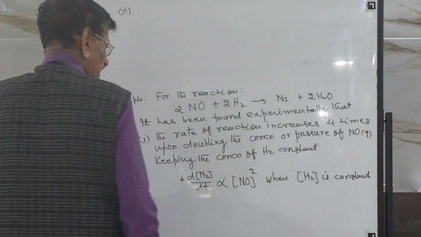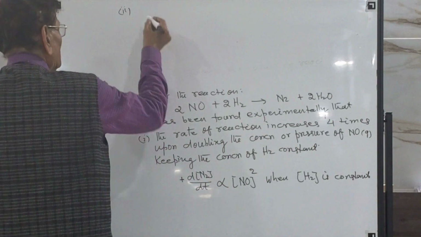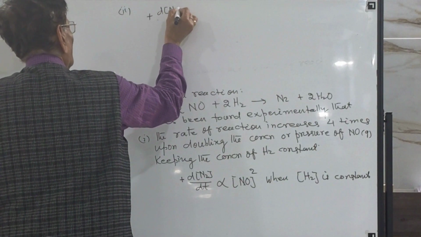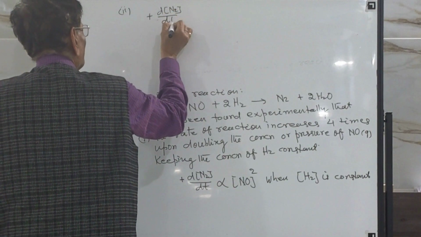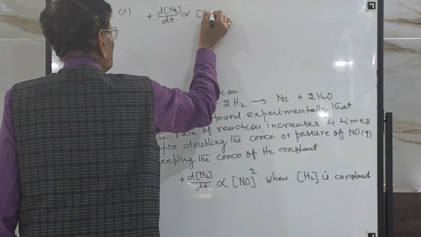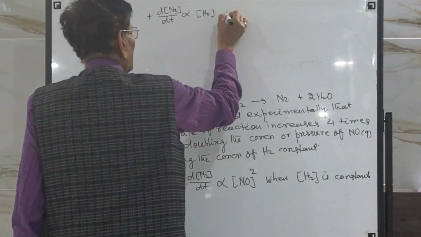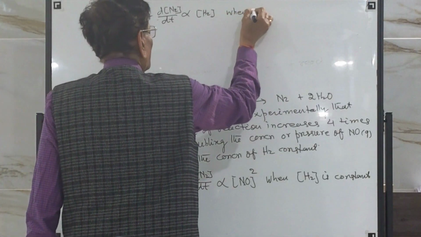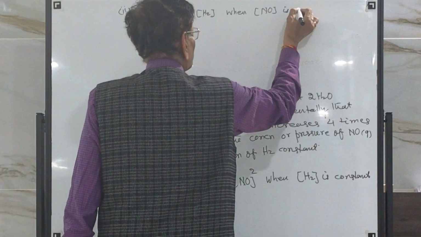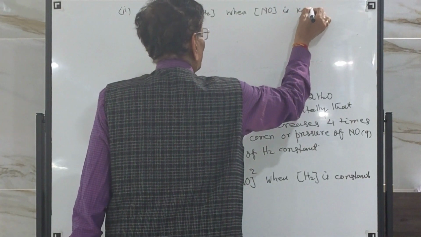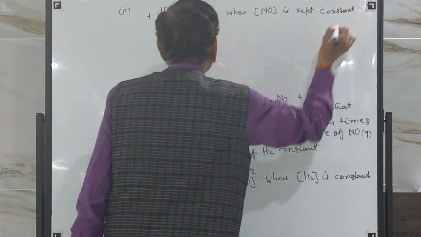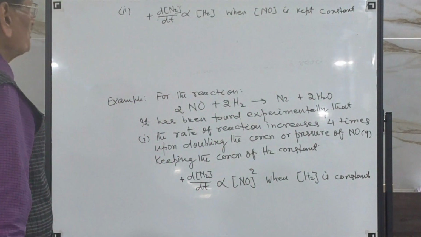So this can be put in the following mathematical form: d[N2] by dt is proportional to the concentration of hydrogen, when the concentration of NO is kept constant.